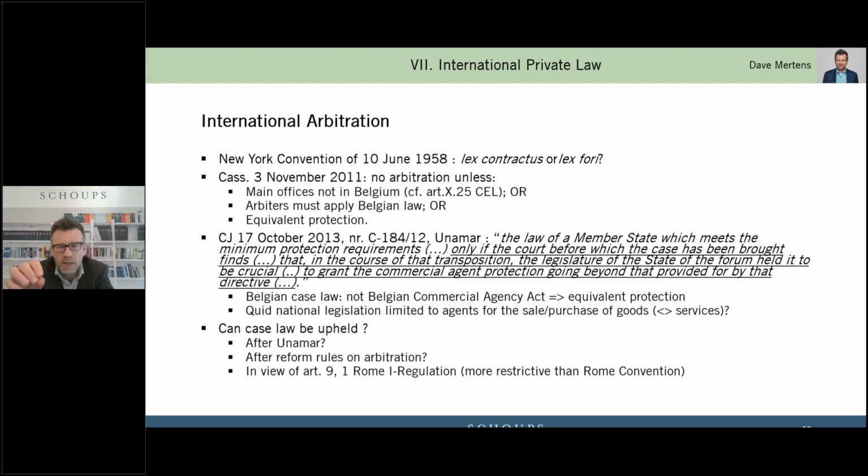One of the questions that we had was, if you bring litigation before the courts in Belgium, and such contract includes an arbitration clause, the court must decide, well, do I set this arbitration clause aside, or do I declare myself to have jurisdiction? And is that choice based on my own law as a Belgian court, or the law chosen by parties in the contract, which may be Spanish law or whatever?